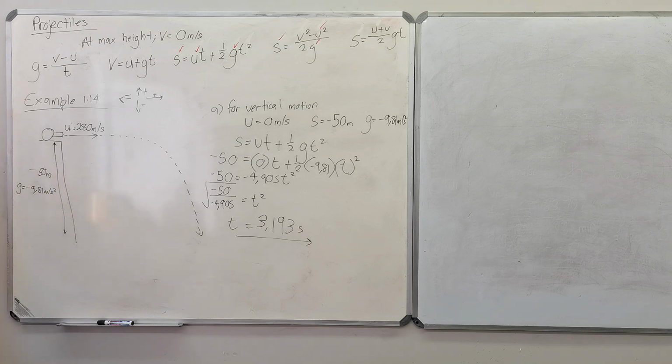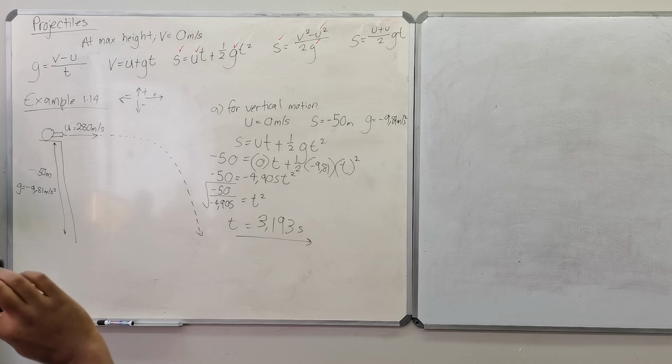The reason it was minus 50 is that the shell is up here, and the distance from the ground relative to the shell is 50 meters down.